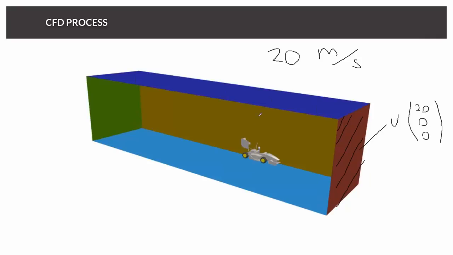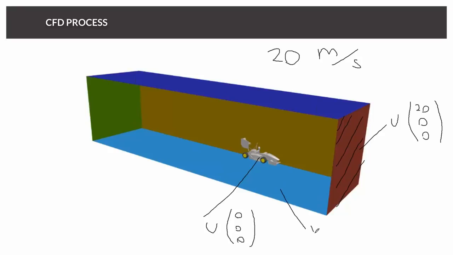No discussion. The same with the car. Since the car is a wall, except the wheels, it will be 0, 0, 0, our no-slip condition.